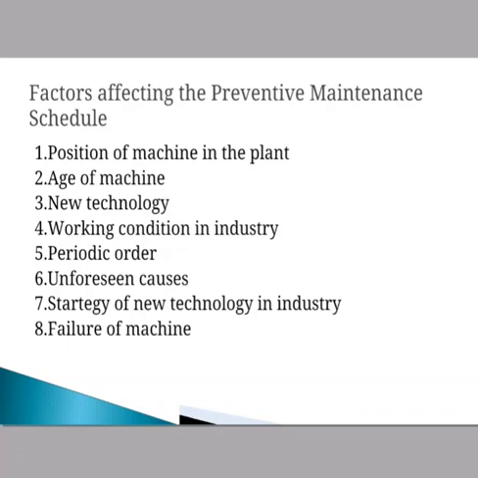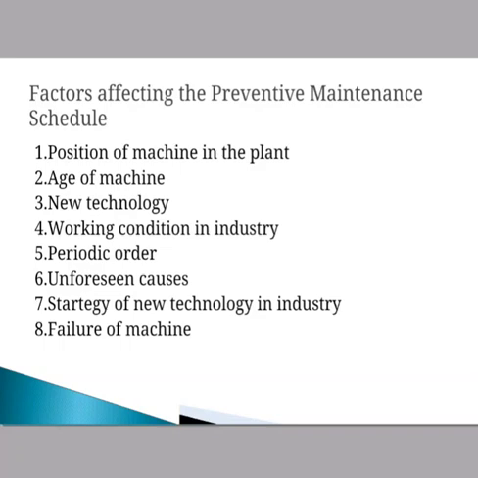Next are unforeseen causes. Due to accidents, fires, or worker strikes, the work is held up for a certain period of time. This is also one of the causes that disturb the maintenance schedule of the system. The next one is the strategy of new technology in the industry, using it properly is very important in order to reduce the maintenance of the system.